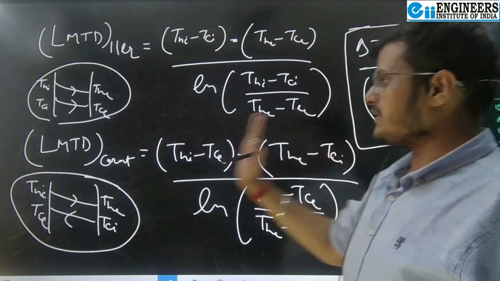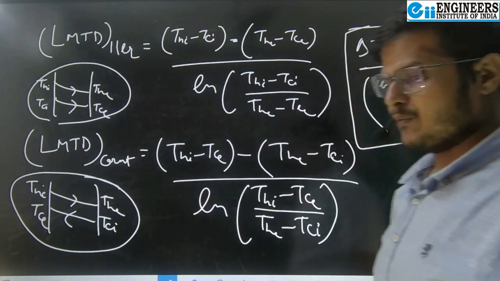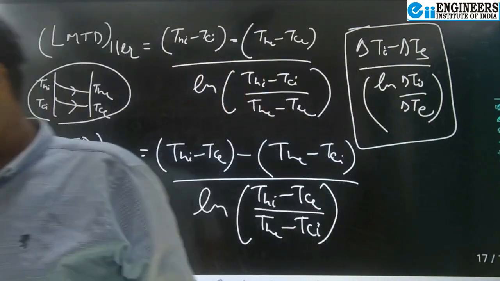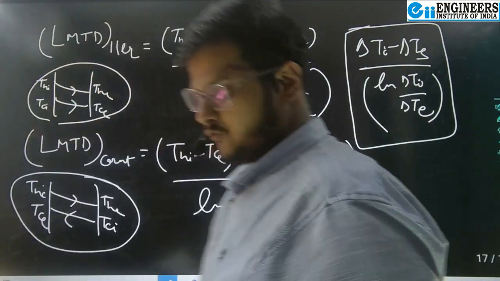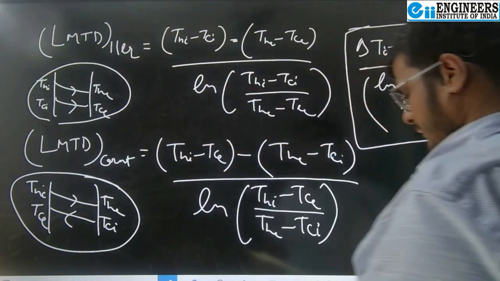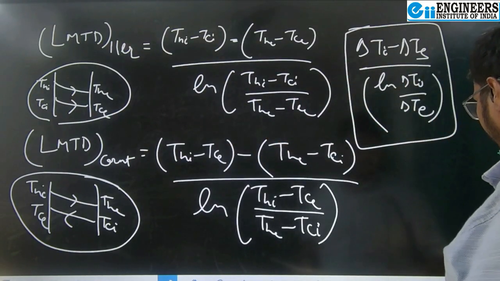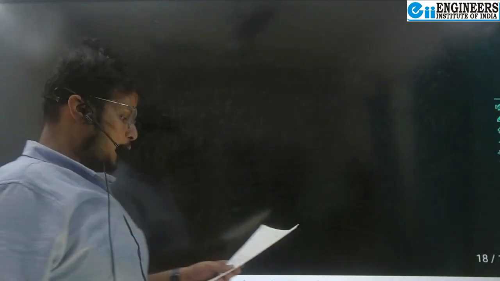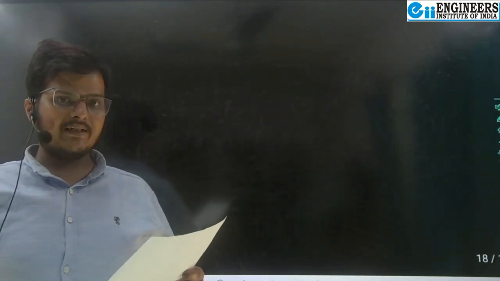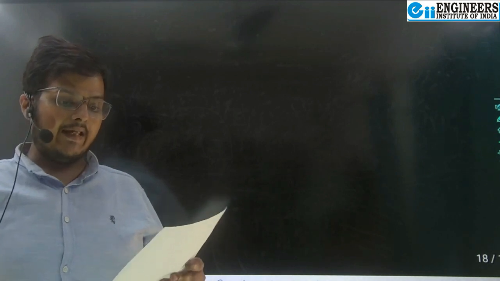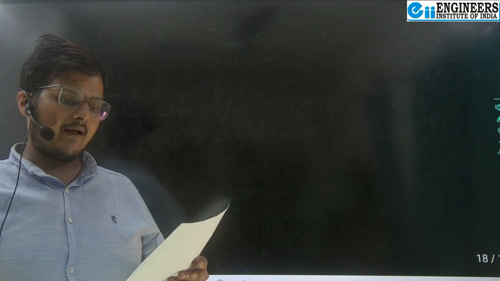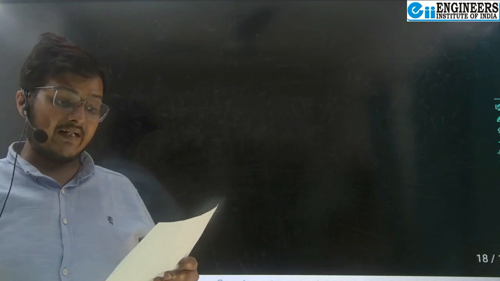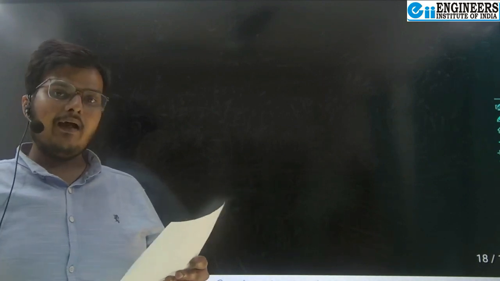So we have analyzed the logarithmic mean temperature difference and the arithmetic mean temperature difference. Now we will solve some previous year questions. Let's move on to a question from the year 2020. A fluid is heated from 40 degrees Celsius to 60 degrees Celsius in a countercurrent double pipe heat exchanger. Hot fluid enters at 100 degrees and exits at 70 degrees. Calculate the LMTD.